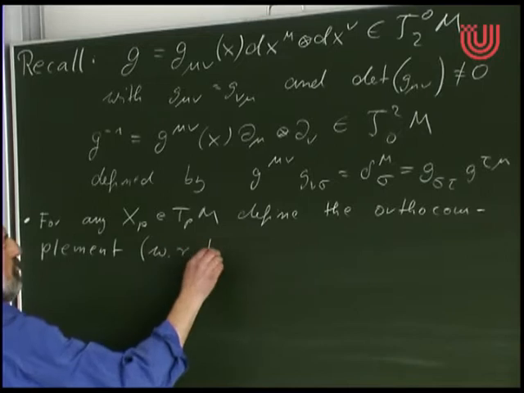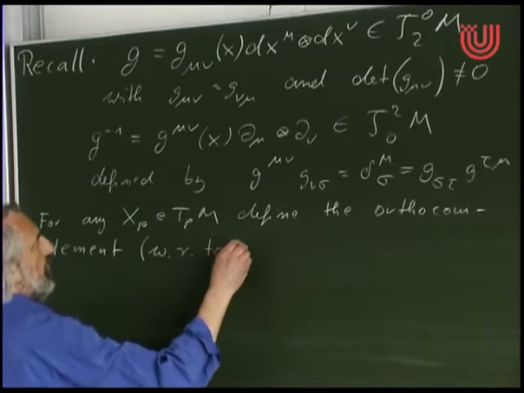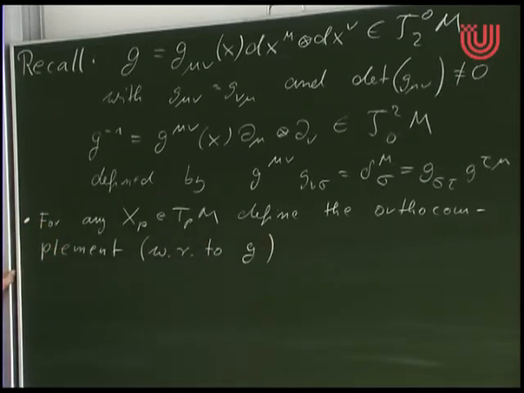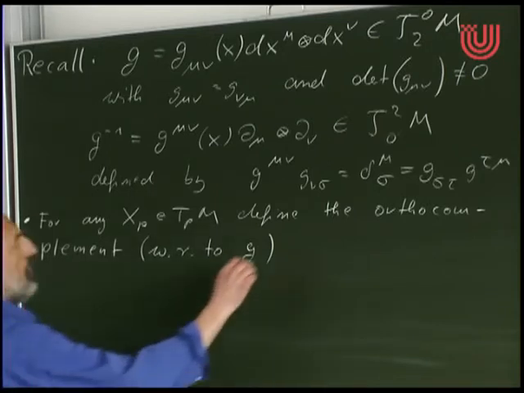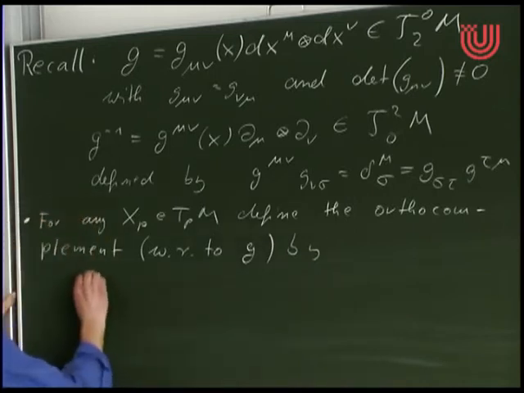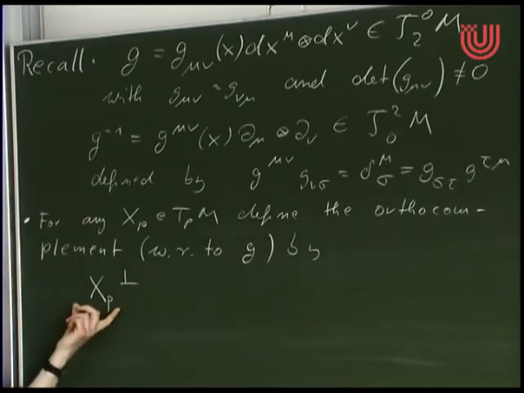So just to make sure, let me write this with respect to g. And the autocomplement, you could denote it in this way. It's a set. It's not a vector, it's a set of all vectors which are perpendicular to X_p. So sometimes they are denoted by X_p perp.